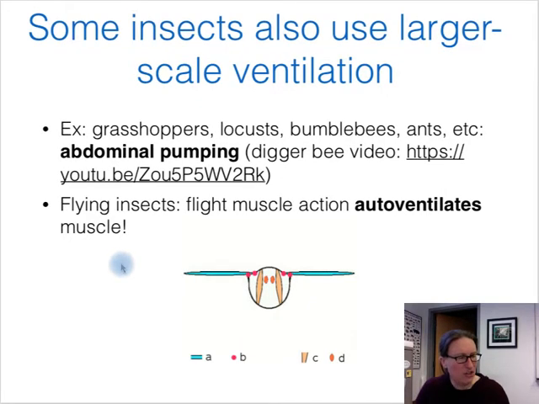There's another feature in insects that fly, which is that as they're flying, the action of the muscles that they use to fly functionally can auto-ventilate the muscle. So to understand this, we need to look a little bit more closely at how insect flight muscle is arranged. So again, here we're looking at a frontal section of an insect.